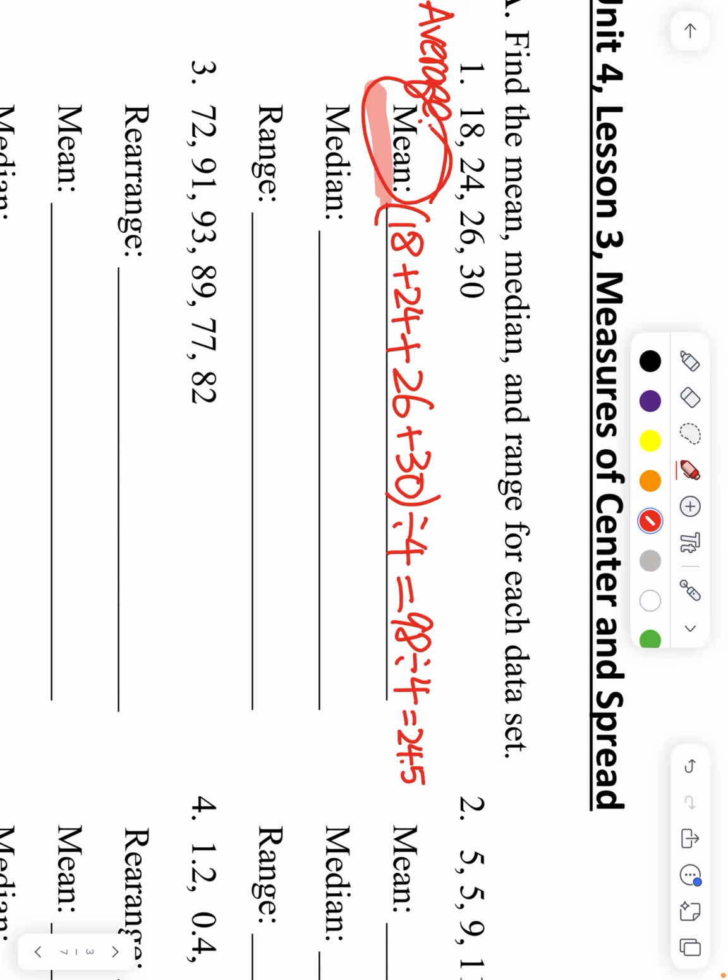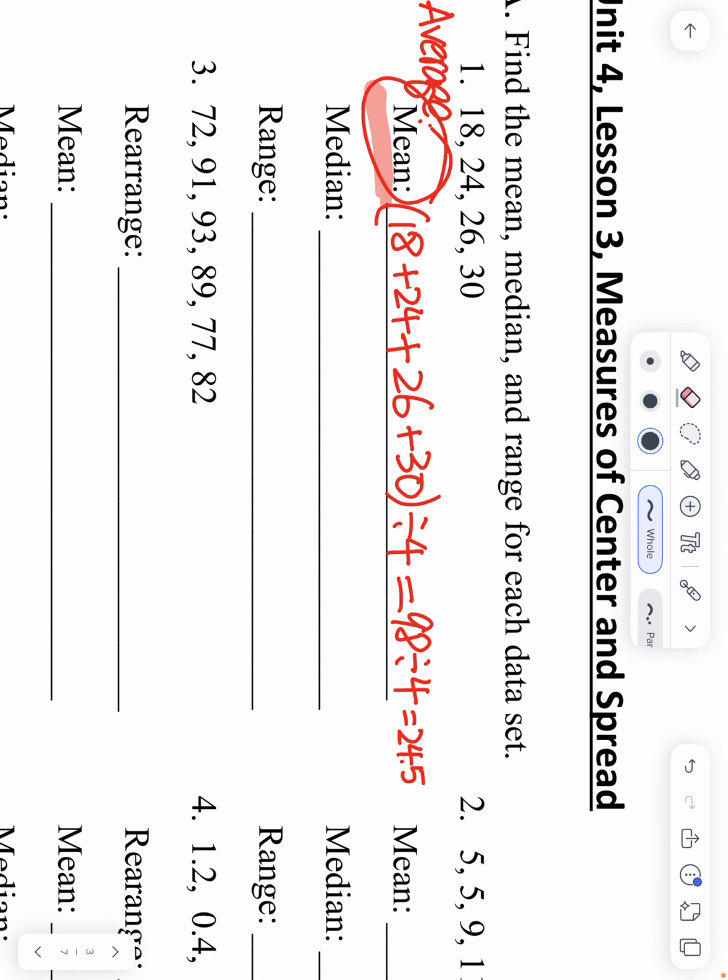Okay, second, median. What is median? Median is the number in the middle when you order the data set from small to big.